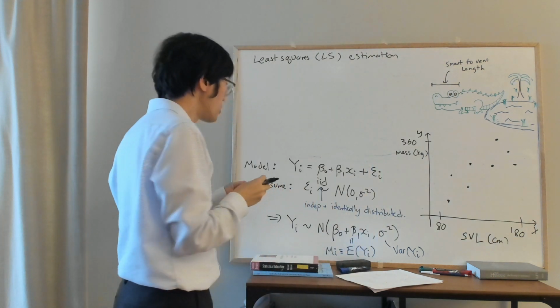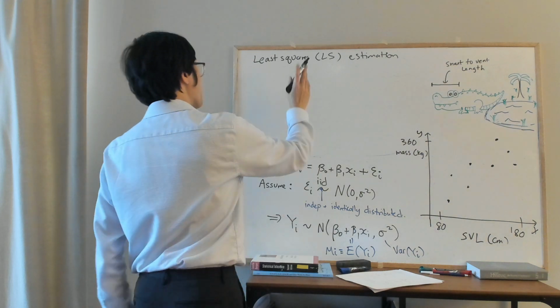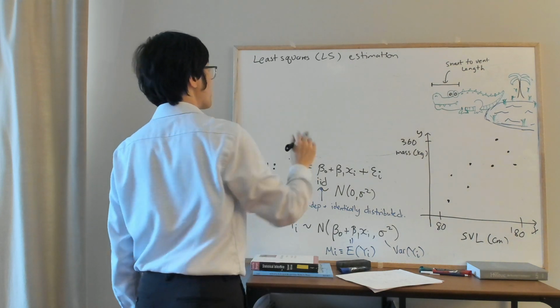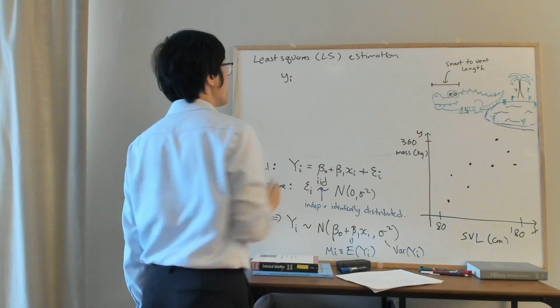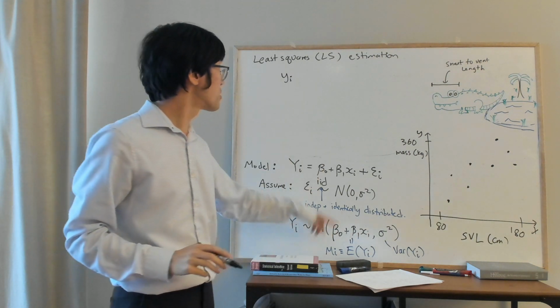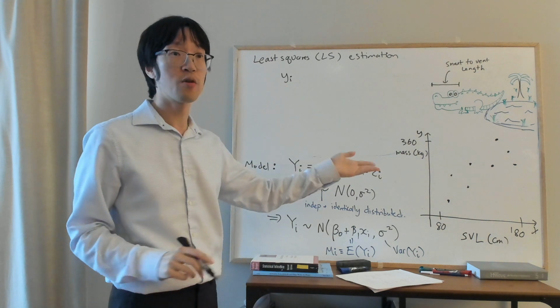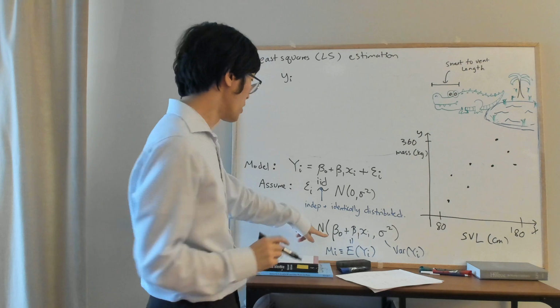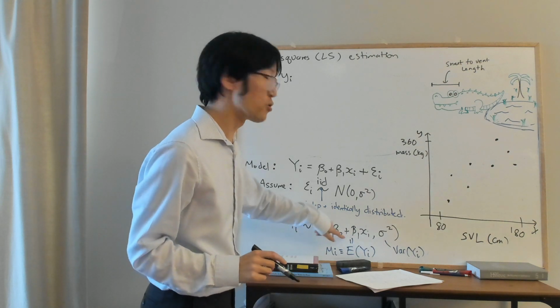Okay, so I'll give you the intuition as follows. First we start with the observed response value, so that's yi. Intuitively, we want to fit a line such that the observed values for y are going to be close to the line that we fit. The equation of the line that we're fitting for yi has mean beta 0 plus beta 1x.